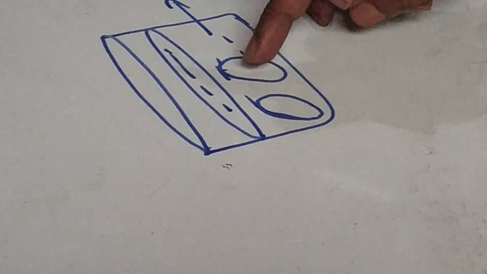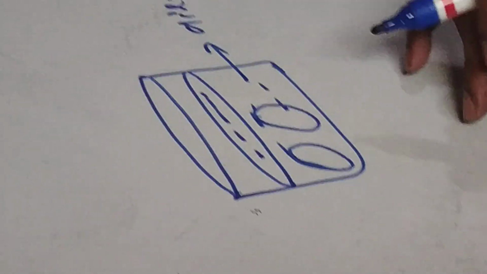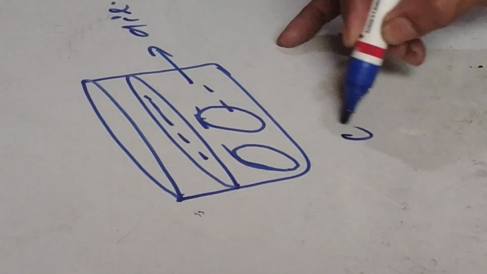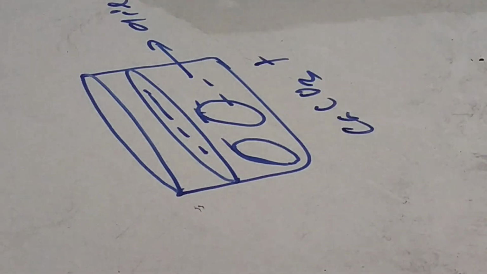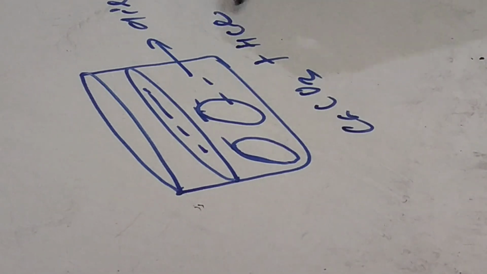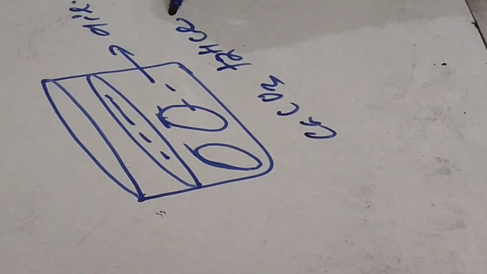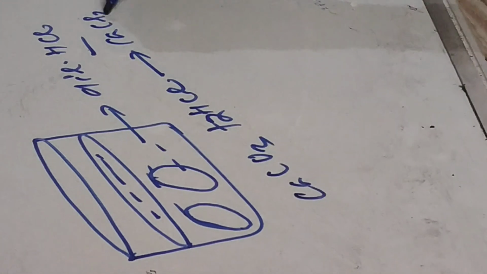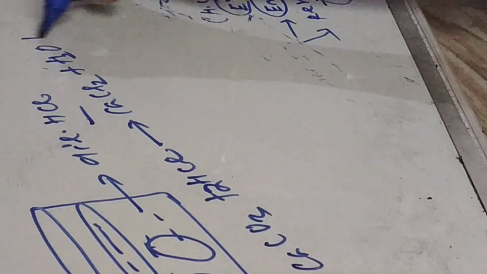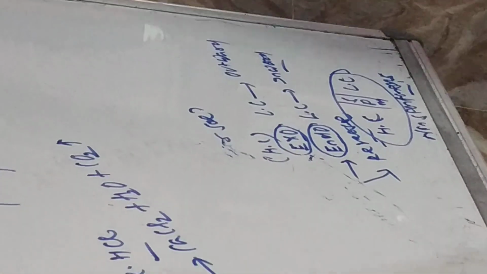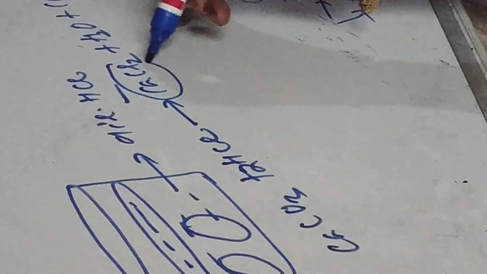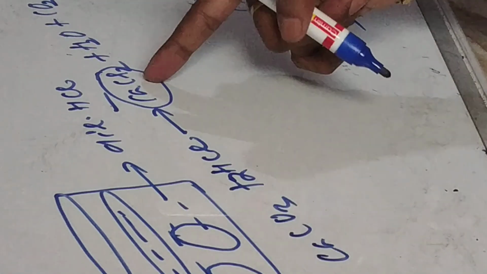The outer part of the egg, the hard shell of the egg, is calcium carbonate, which can react with the diluted HCl. And when it reacts with the diluted HCl, it gives calcium chloride plus water plus carbon dioxide. And we know calcium chloride is highly soluble in water, and for that reason it will be dissolved. Carbon dioxide will escape.